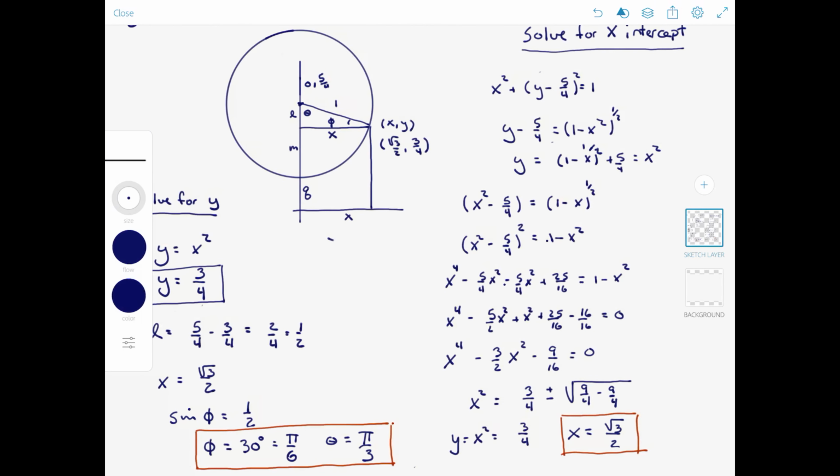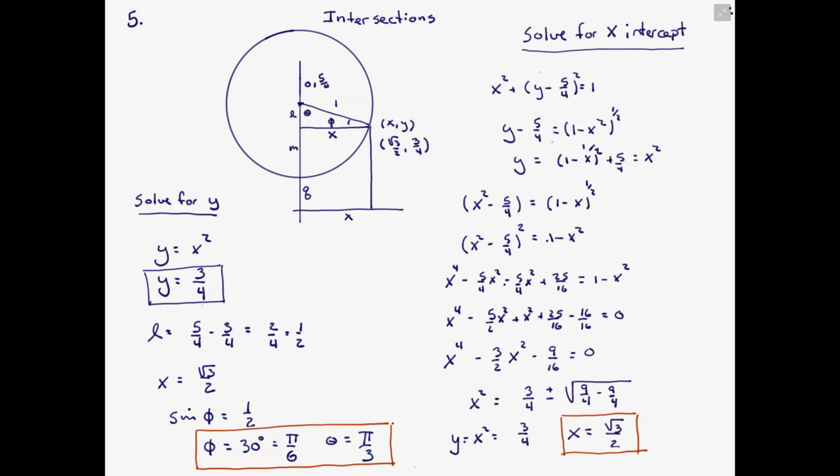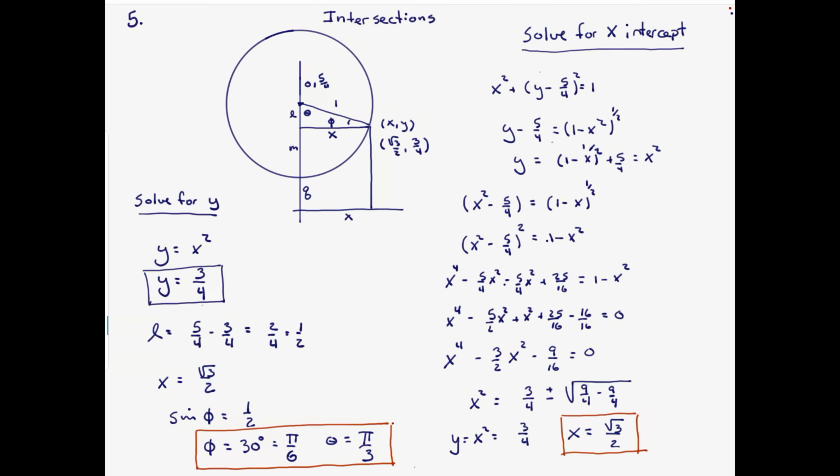And so now that is critical for us to have. You can see on the lower right side that I boxed in the solution x equals the square root of 3 on 2. And that was derived again by solving that quadratic equation.